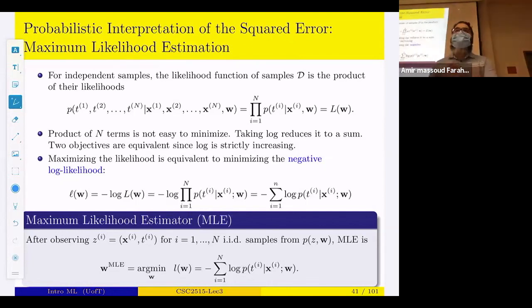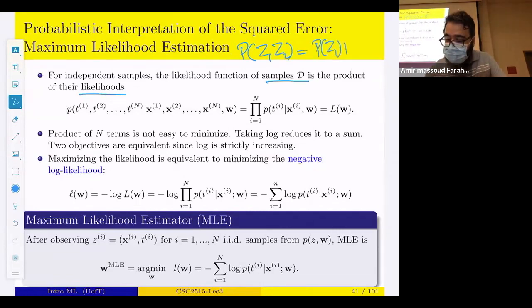So this slide is again not about our specific Gaussian model. So assume that the data are independent. So the Xi's are independently generated. So the likelihood function of samples D is a product of their likelihoods, because the probability of two random variables, say Z1 and Z2, if they're independent, would be probability of Z1 times probability of Z2. And we can do it for n data points.